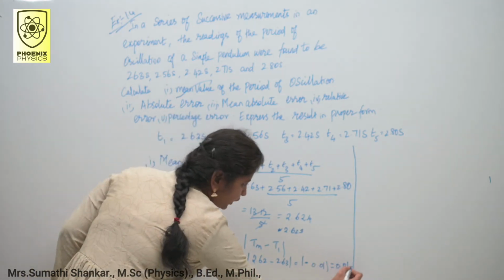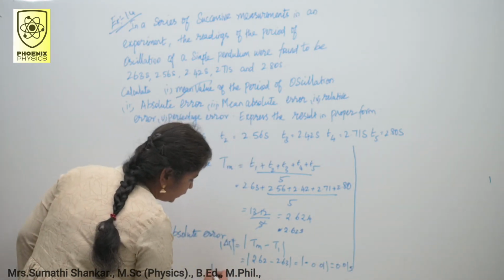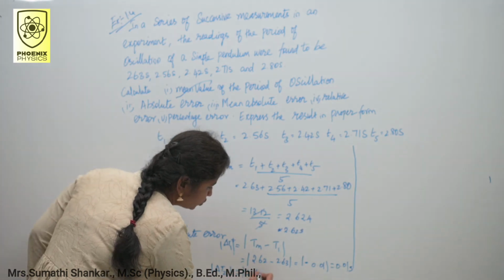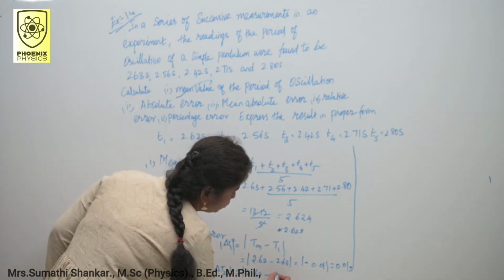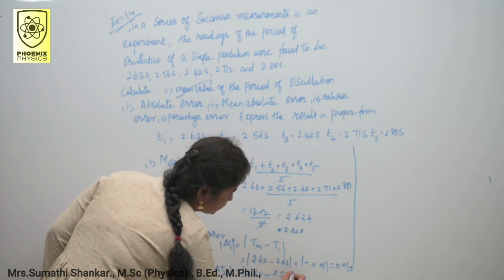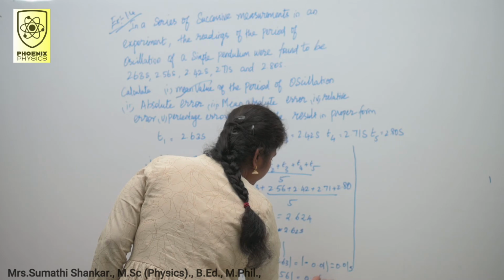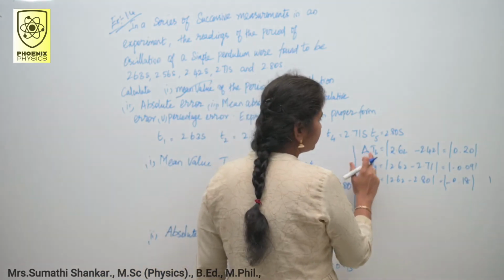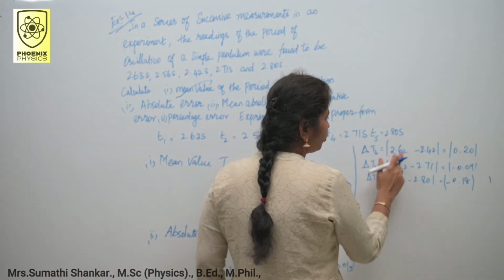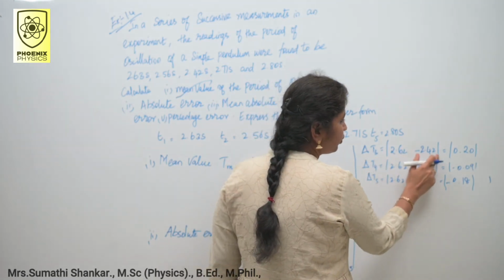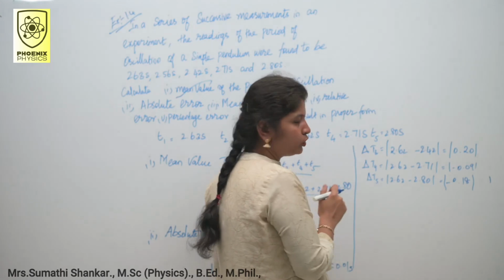So 0.01 second. Then delta T2: 2.62 minus 2.56, so you get 0.06 second. Third one is delta T3, that is 2.62, our mean value, minus 2.42, you get 0.20.